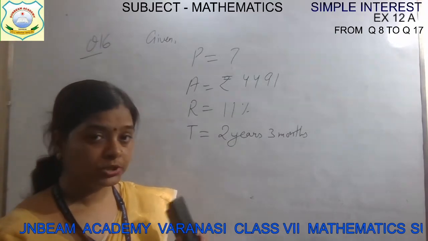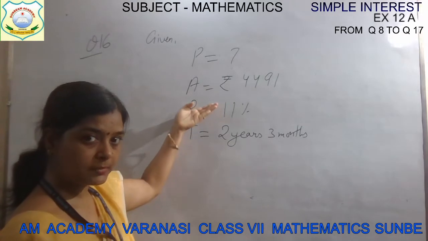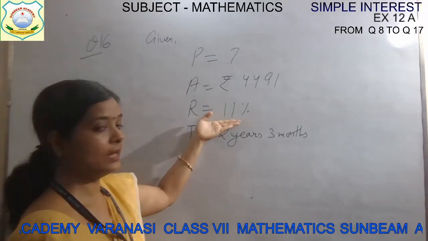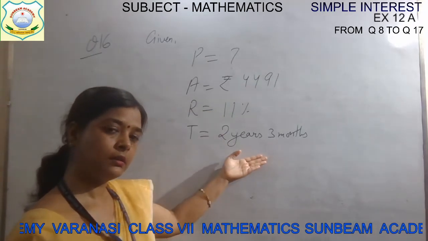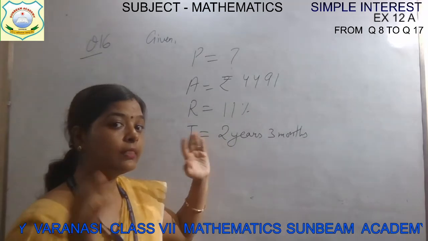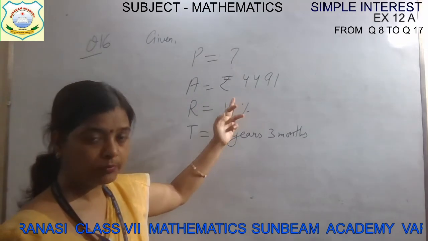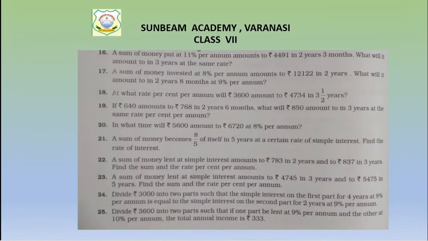Look at the question, son. The question is very clear that a sum of money amounts to this much at a rate of 11% when the time is 2 years 3 months, and the question is asking how much the money will amount to when it is deposited for 3 years.